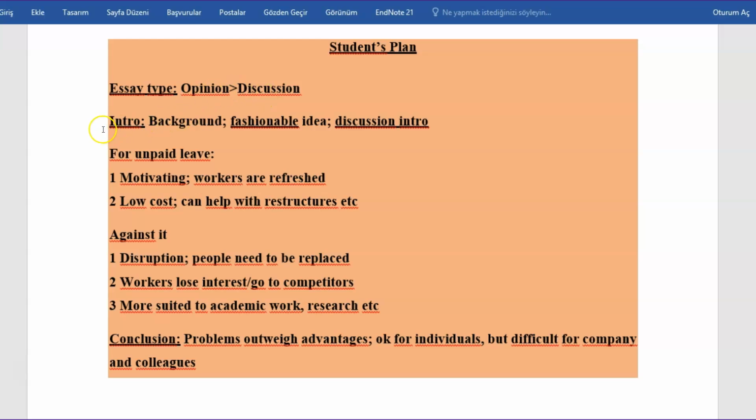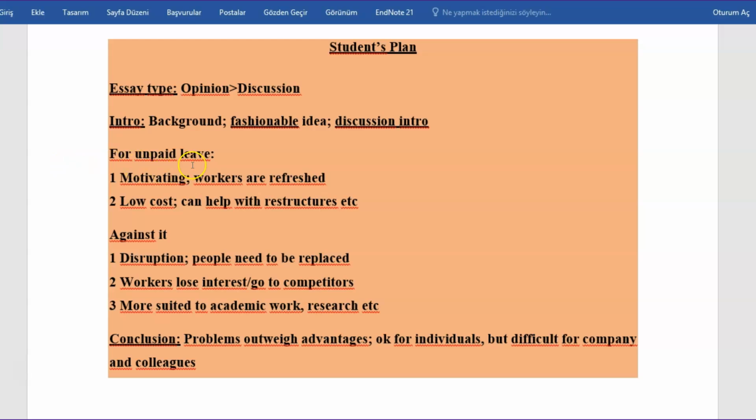In the introduction paragraph, we have to write about the background, which is that this trend is something fashionable, and we have to prepare and write a discussion intro.